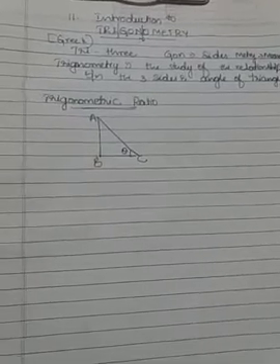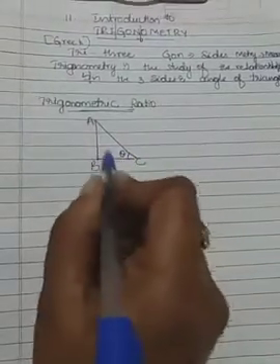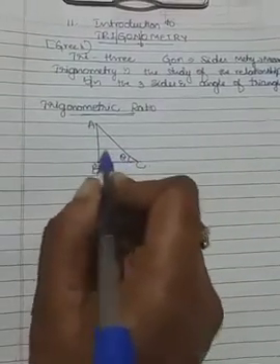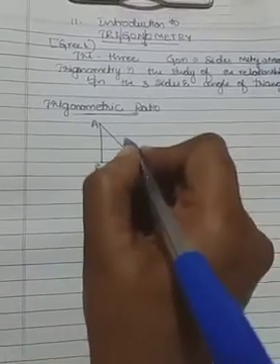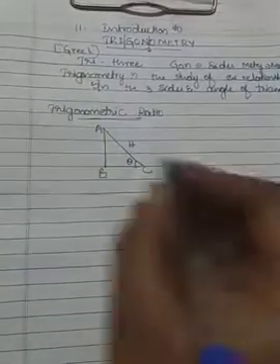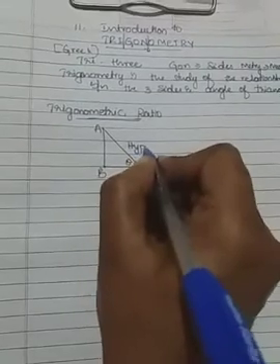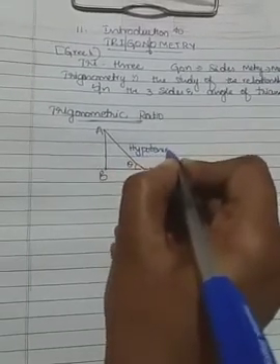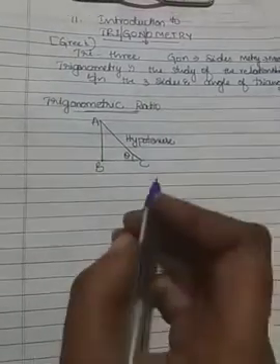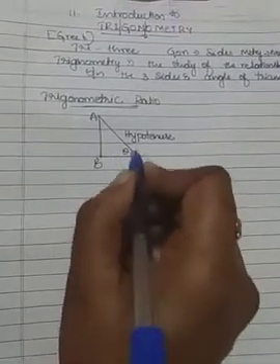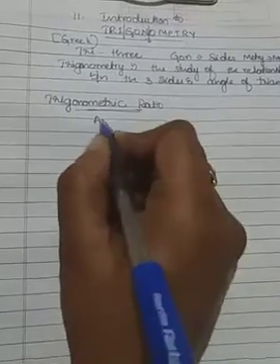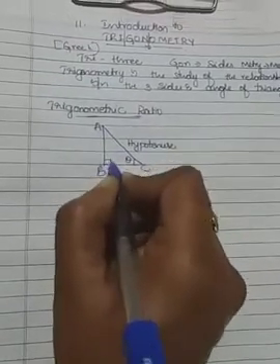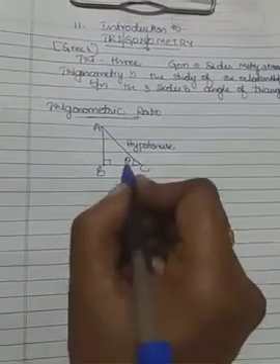This side is called the hypotenuse. Note that down. In a right angle triangle, everybody knows that this is the hypotenuse. The next thing is the angle, which should always be 90 degrees, we know that.